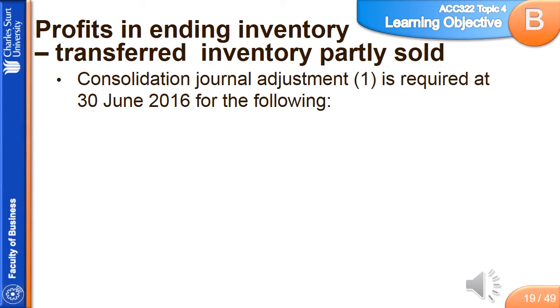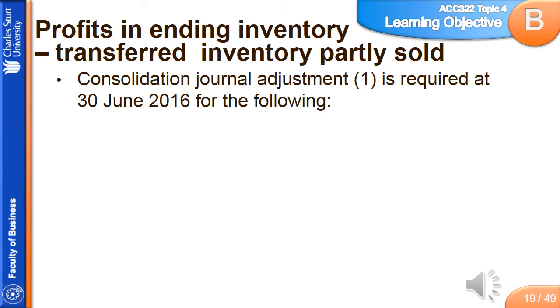So for example, say 40% of the inventory is still on hand at the end of the period, meaning 60% has been sold during the period. If that was the case, the adjustment entry would change to the following.